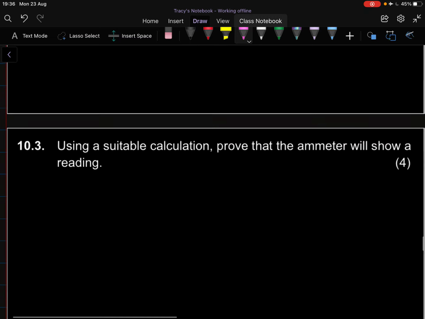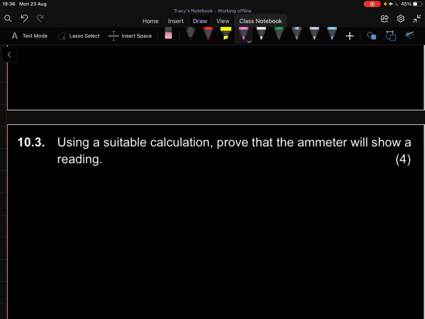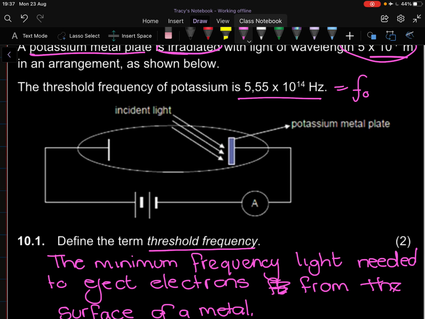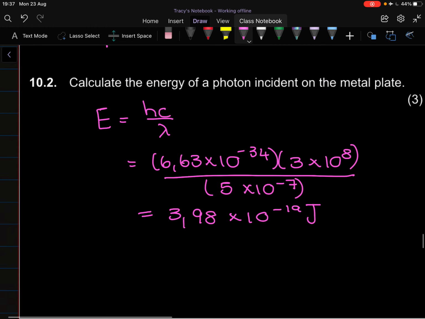Now, they say use a suitable calculation and prove that the ammeter will show a reading. So what we have to show, and there's more than one way to do this, is that we have the energy of the photon, which is what I've got here, which is bigger than the work function.